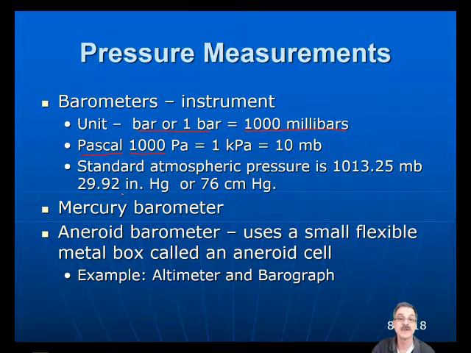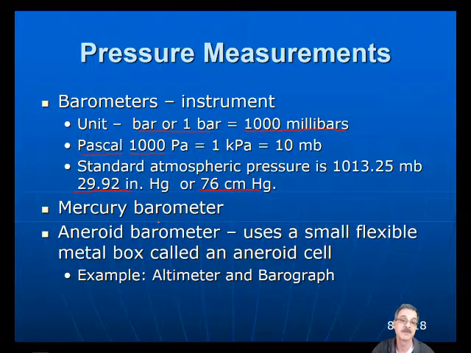Now you can also measure pressure in inches of mercury or centimeters of mercury, and standard atmospheric pressure in inches of mercury or centimeters of mercury are these values. When we talk about instruments, these inches of mercury and centimeters of mercury deal with what's called a mercury barometer.